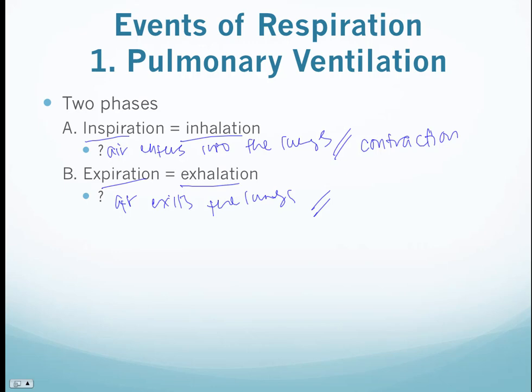Expiration means exhalation, and this is all a relaxation process. Now, of course, you can also forcibly exhale, but that also will deal with contraction. However, under normal circumstances, when you are just relying on normal breathing, this is relaxation of your diaphragm and your intercostal muscles.